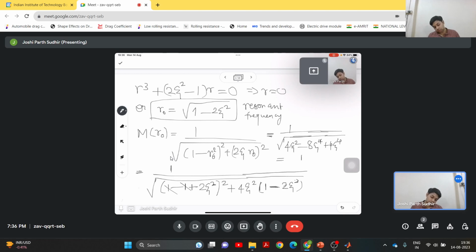So it is equal to root of 4 zeta square minus 4 zeta to the power 4.